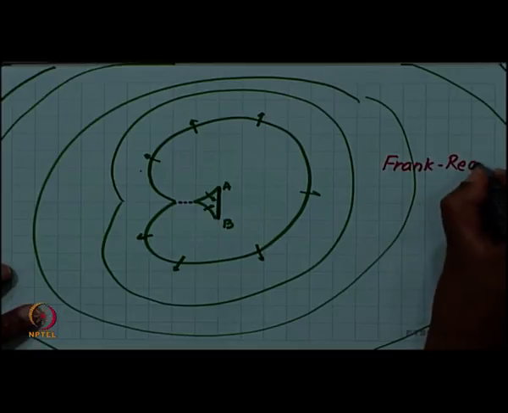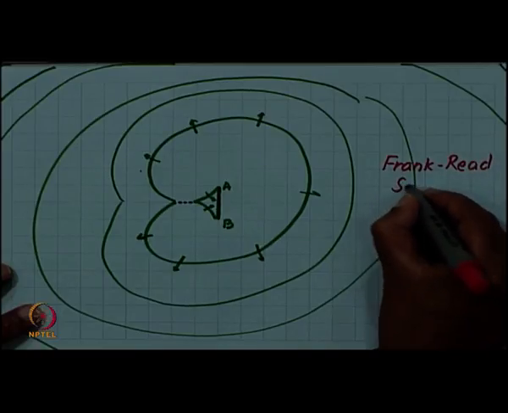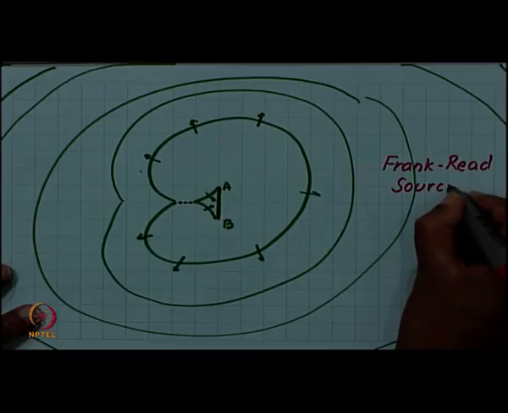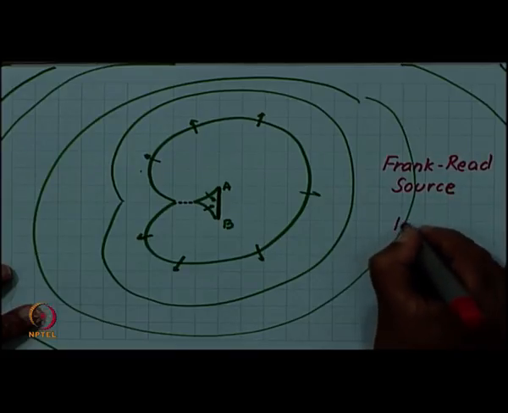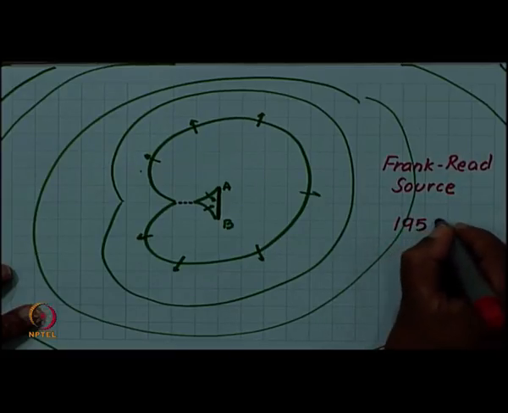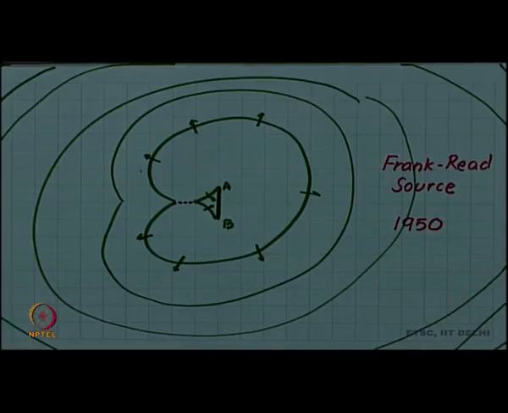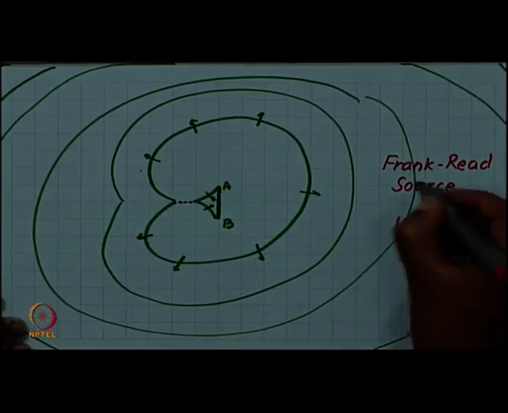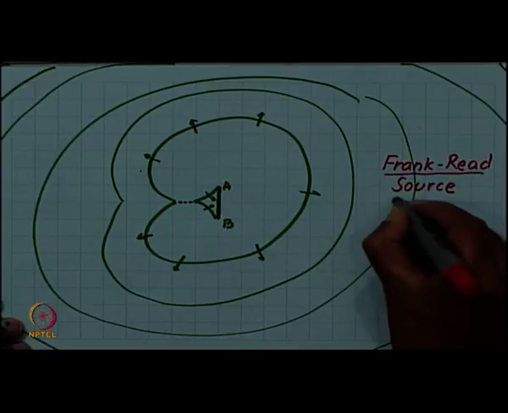Both Frank and Read independently thought of this process, and then in 1950 they met in a conference and, quite gentlemanly, agreed to have a joint publication. Instead of fighting over the priority of who thought of it first, they shook hands and published the paper jointly, and this is now known as the Frank-Read source.